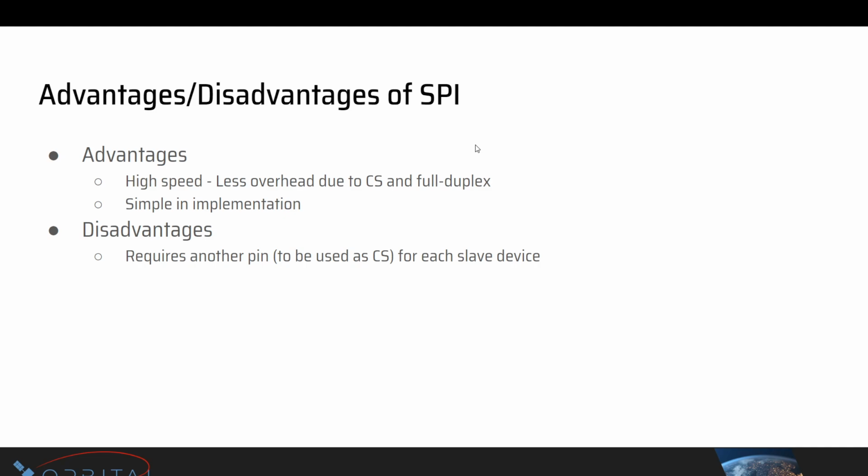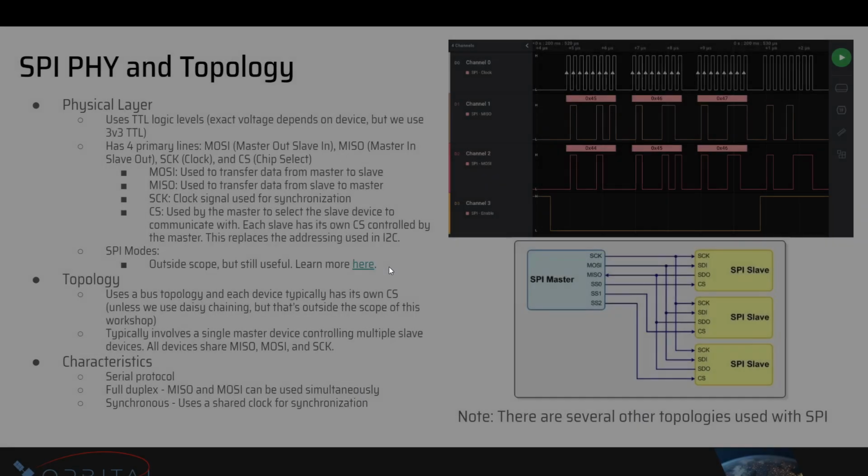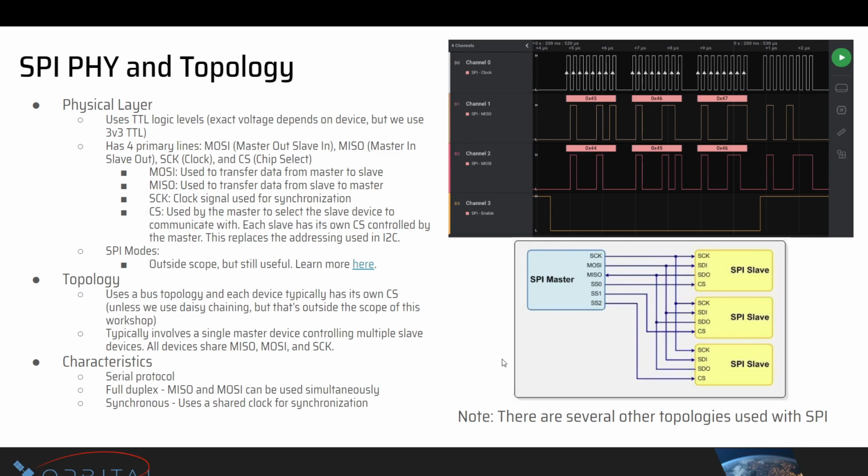But the disadvantage is it requires another pin for chip select for each slave device. So if you're designing a chip and you have 7 different devices, first of all you have the serial clock, MOSI, and MISO. That's already 3 wires that you have to route to each device. And then you have 7 different chip select wires to route to every single device.